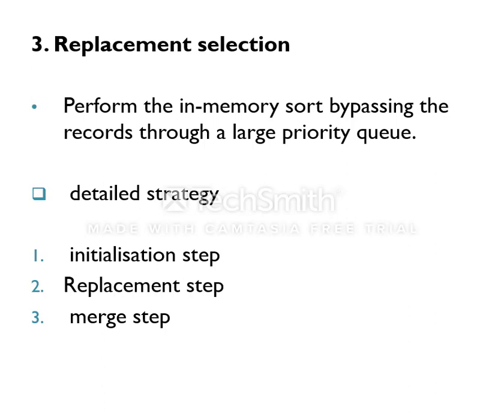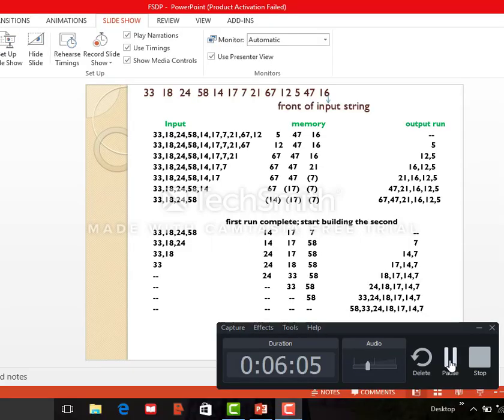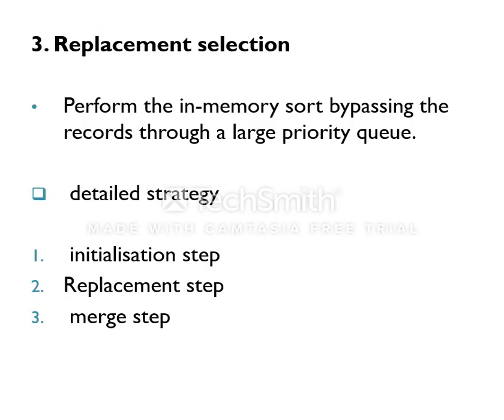If a new record's key value is lower, place the record in the secondary heap. At last, in the merge step, repeat step 3 as long as there are records left in the primary heap and their input list of 30 keys.